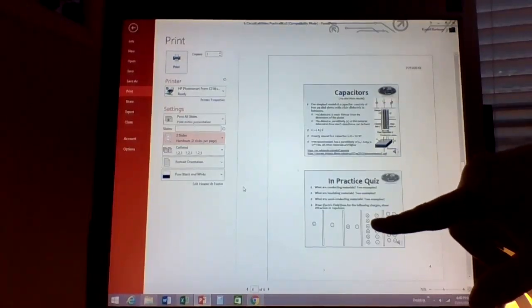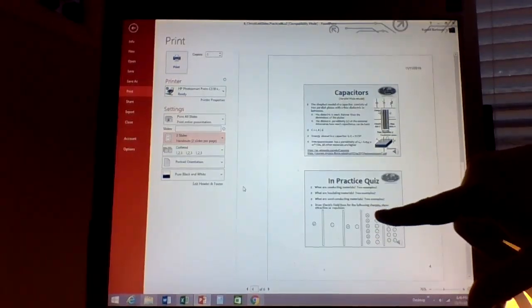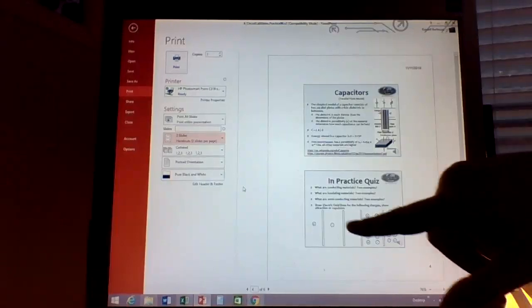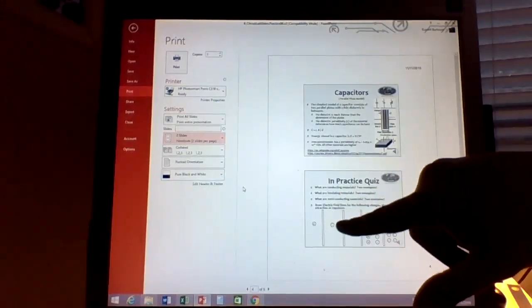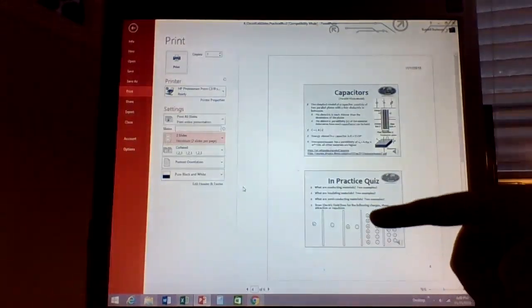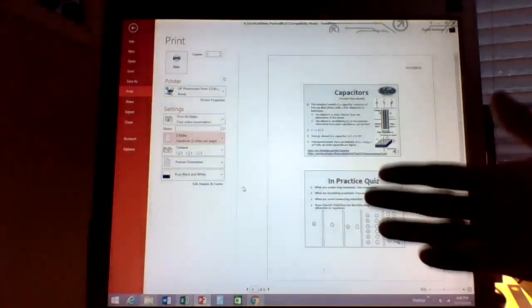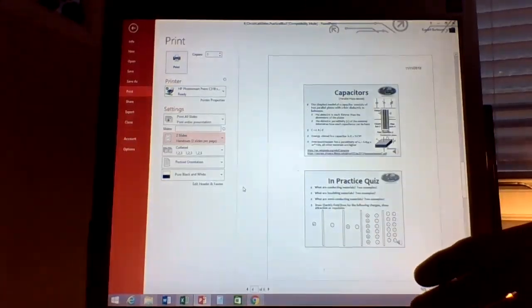For these in-practice quizzes, I would draw the lines from the positives to the negatives, or the positives out or the negatives in. And I would go over it with your coach so that you've got this stuff in there. Okay. But again, find other materials, whatever helps you.